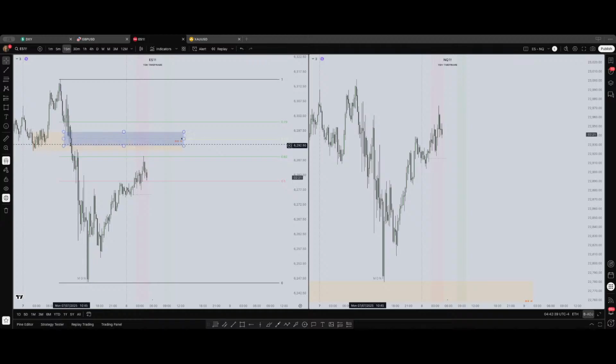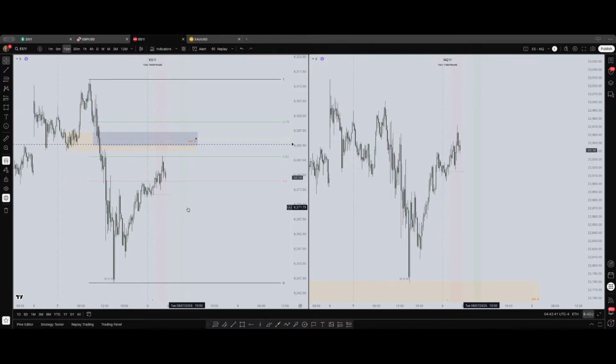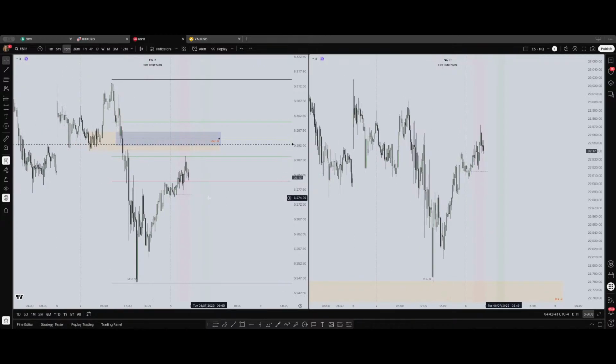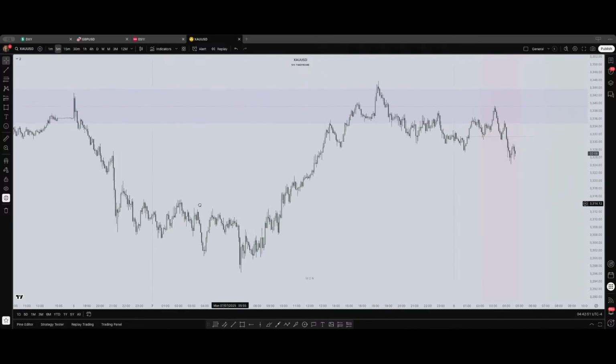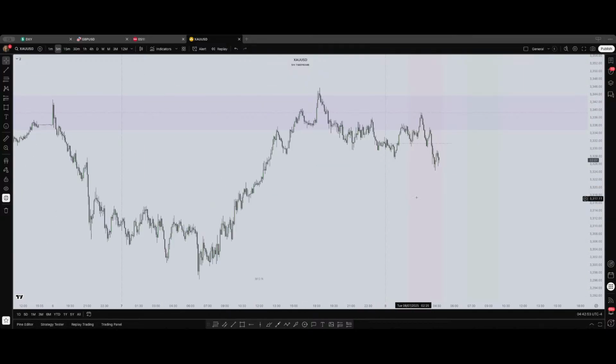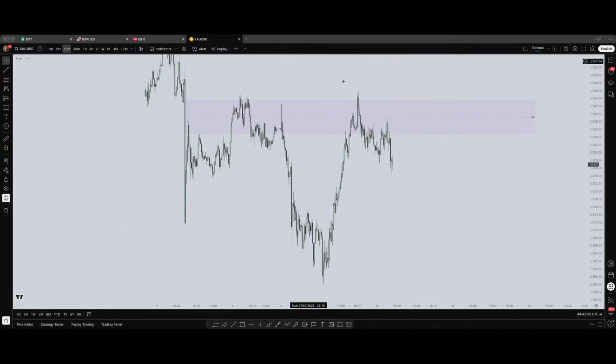And also we have a small imbalance here, so let's see what happened there. Let's be patient and wait for that. Here, interesting.